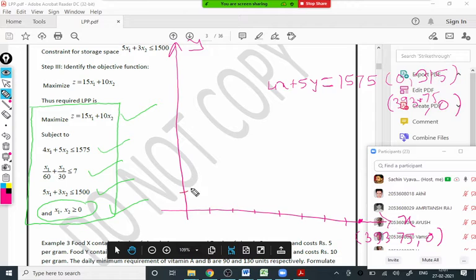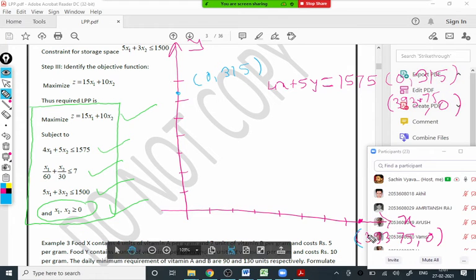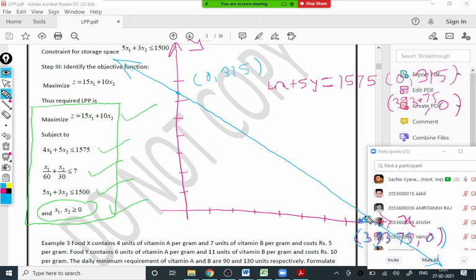Same thing on the other axis: 50, 100, 150, 200, 250, 300, 350, and this point is (0, 315). So we should draw the line passing through those 2 points.